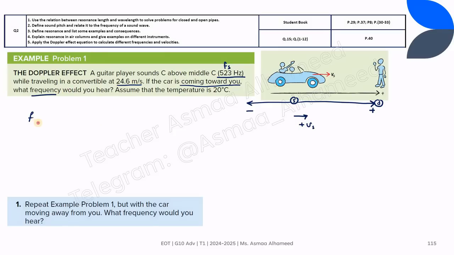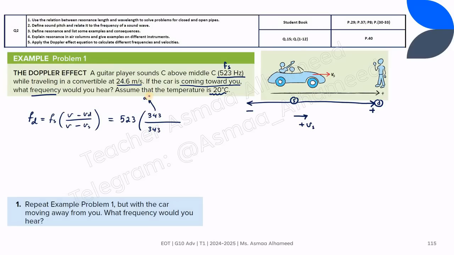Now the equation is Fd equals Fs times V over V minus Vd over V minus Vs. Now we substitute: the source frequency is 523, and the speed of sound at 20 degrees we take from the table, 343 divided by 343.